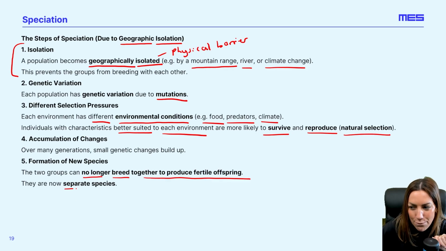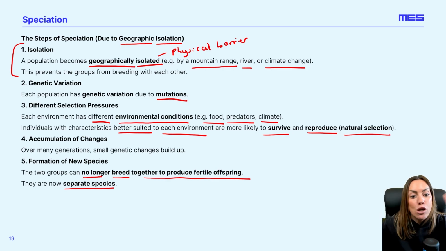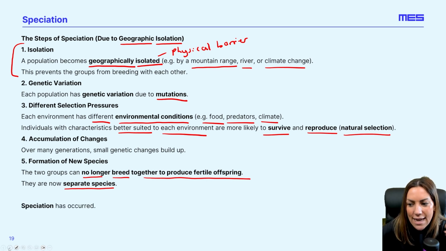They are now classed as separate species because the biological definition of a species is that they can breed to produce fertile offspring. But now, because of the accumulation of genetic differences, they can no longer interbreed to create fertile offspring. And we say speciation has occurred.